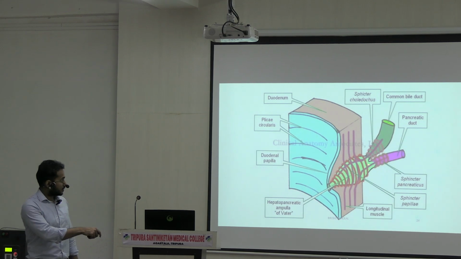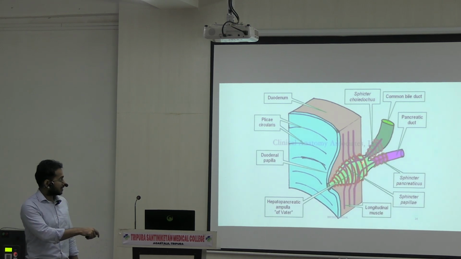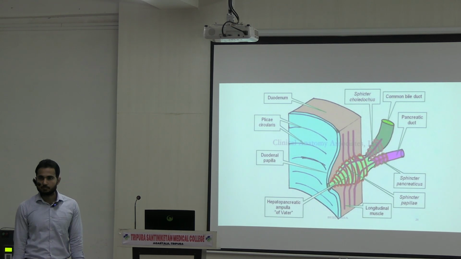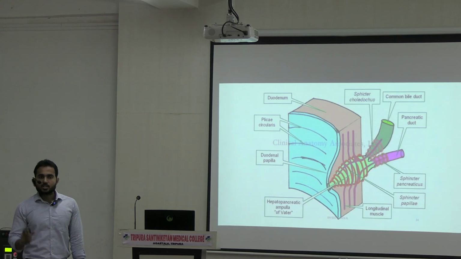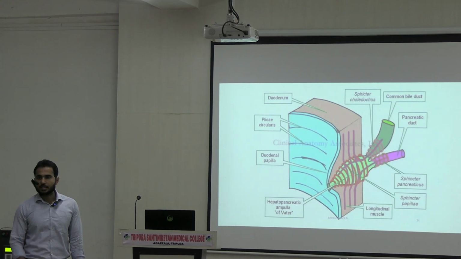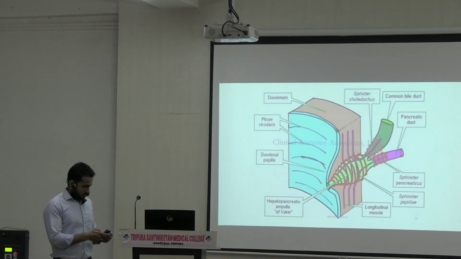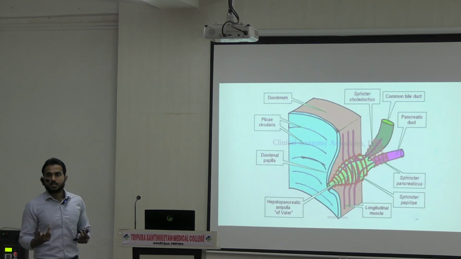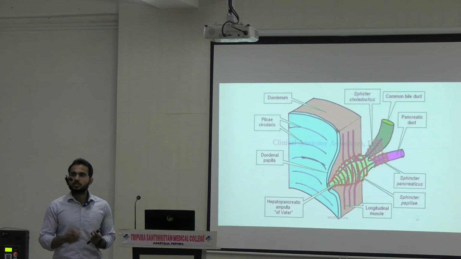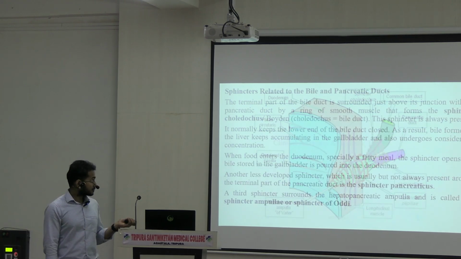Here you can see the oblique course of the common bile duct inside the duodenum, called the intraduodenal part. And as I said, the function of those sphincters is to control the flow of the bile.